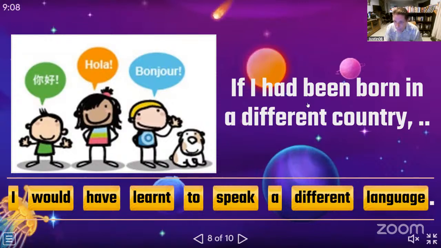So if I had been born in a different country, this clause is using the past perfect form, and then I would have learned to speak a different language. So here we're using would because it's unreal, it's a hypothetical situation, and then have learned. So we're using the present perfect form. This situation could never happen.